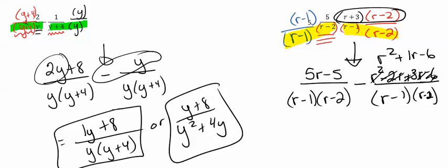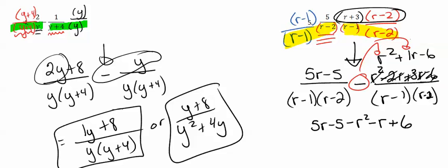Now again, like I mentioned in the last one, because that's a minus sign, we got to be aware of that. And what we're going to do is distribute it. Minus r squared minus r plus 6. So again, what we did is we took this minus sign and distributed it to each one of the numerators. And then we'll be able to combine the fractions with my denominators.